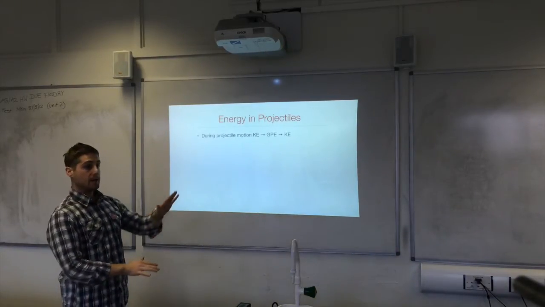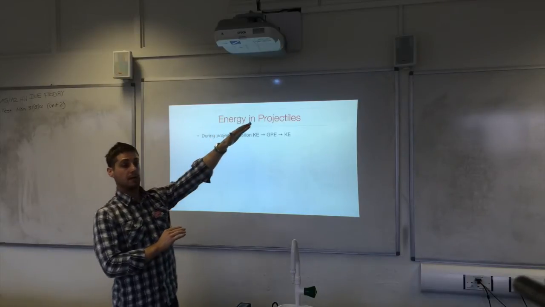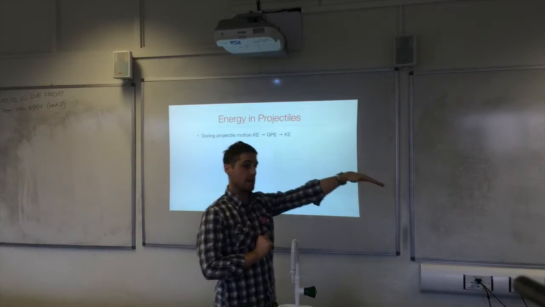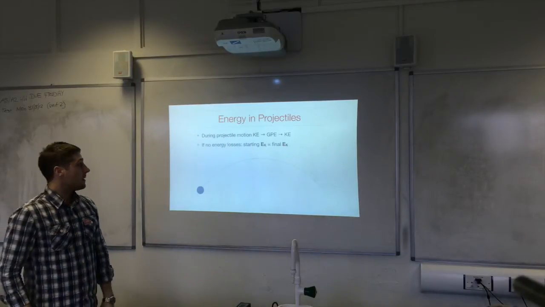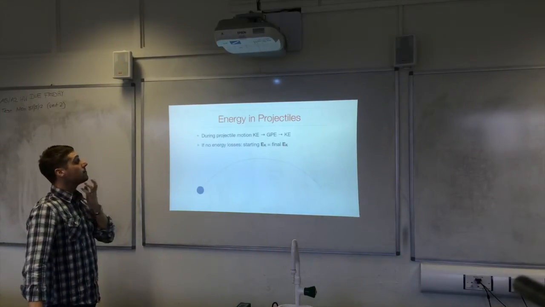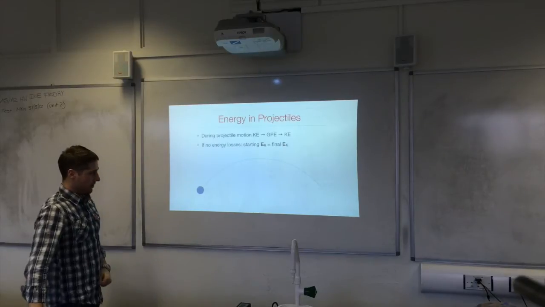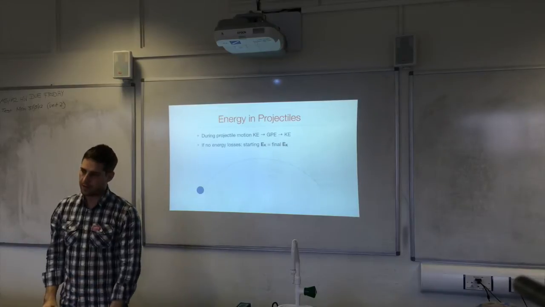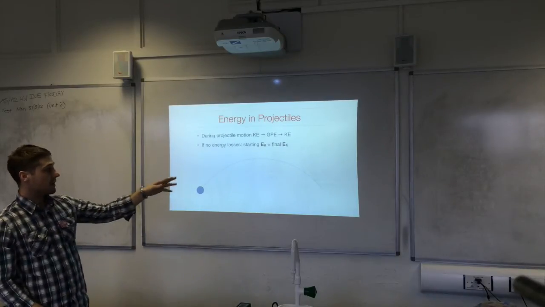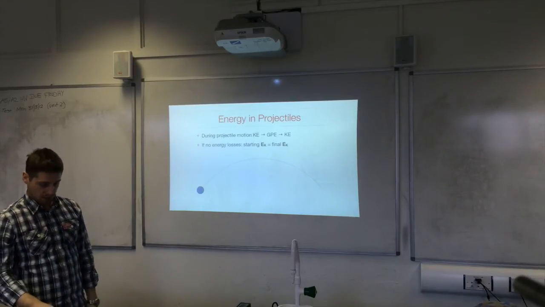So it's slowing down but gaining height, and then it loses height and gains speed. There's our trajectory, and if there's no energy losses, which we will assume here, then the starting kinetic energy is equal to the final kinetic energy.